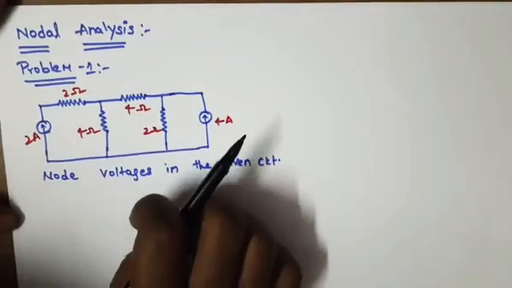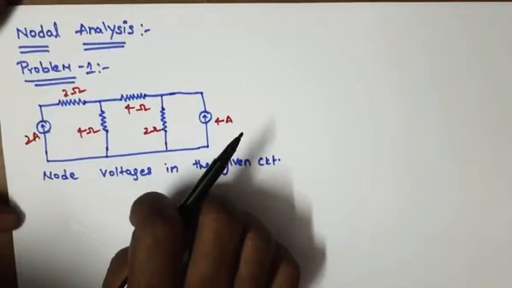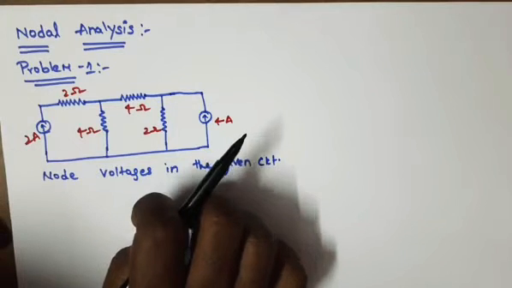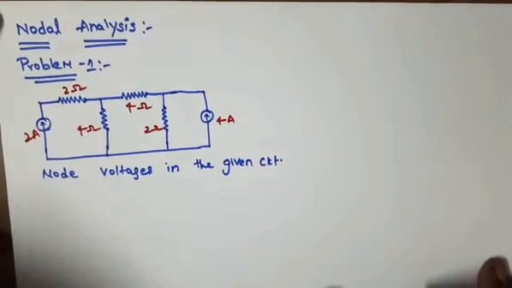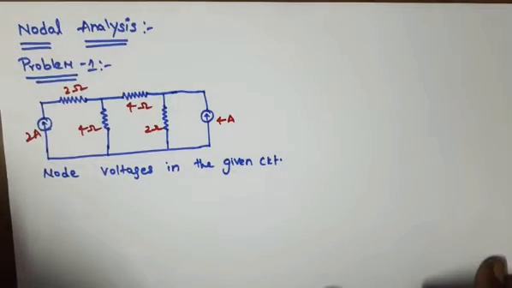Before finding the nodes in the circuit, we all know about nodes. First of all, what is a node? As we discussed in the previous videos, a node is a point at which two or more branches are connected.